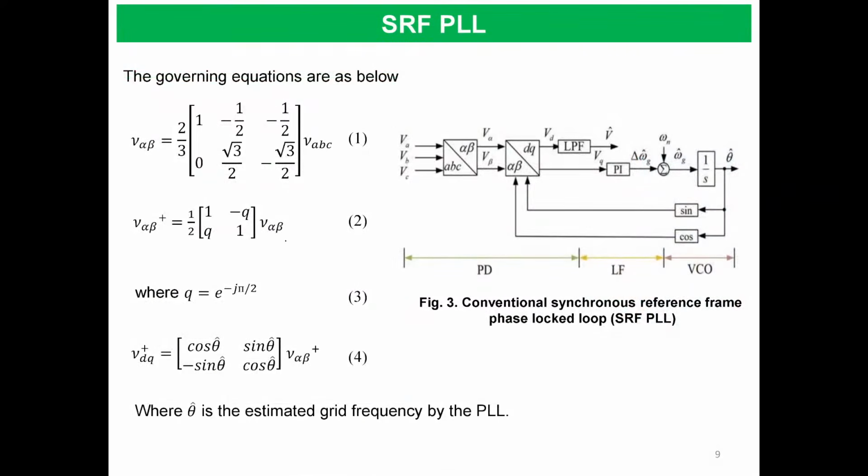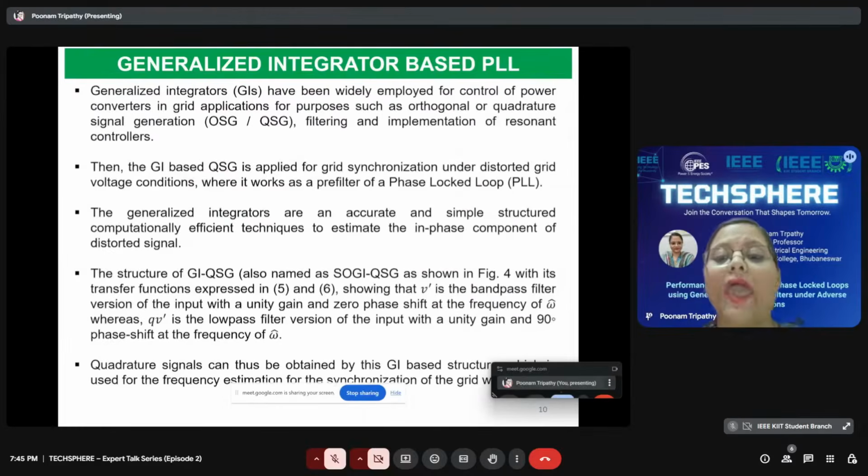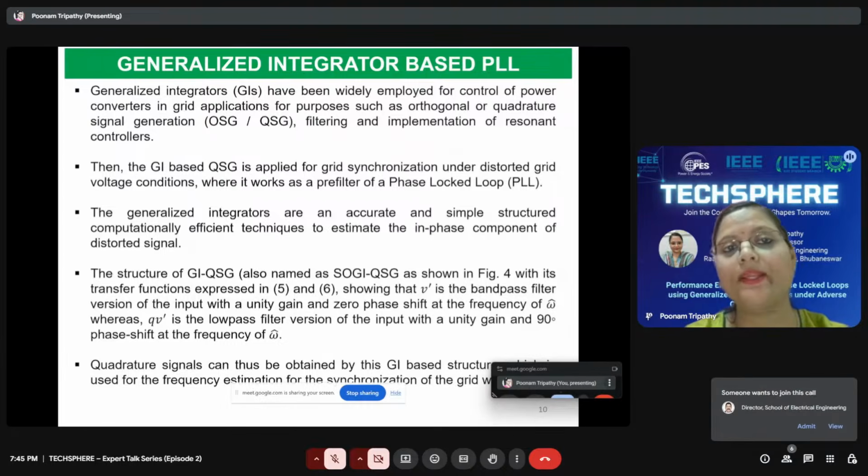So a PLL must be capable enough to accurately extract the grid phase angle with respect to any operating grid condition. Now coming to the generalized integrator based PLL, any SRF PLL which utilizes a generalized integrator based filter for the performance improvement of the SRF PLL is known as a generalized integrator based PLL.